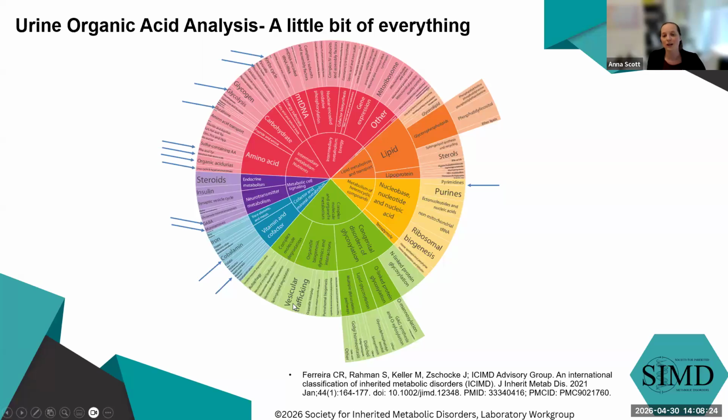What do they mean? Where can they come from? How are these pathways interconnected in the setting of a genetic abnormality? So this is why I love urine organic acids. It's a big overview of potential pathway disruption.